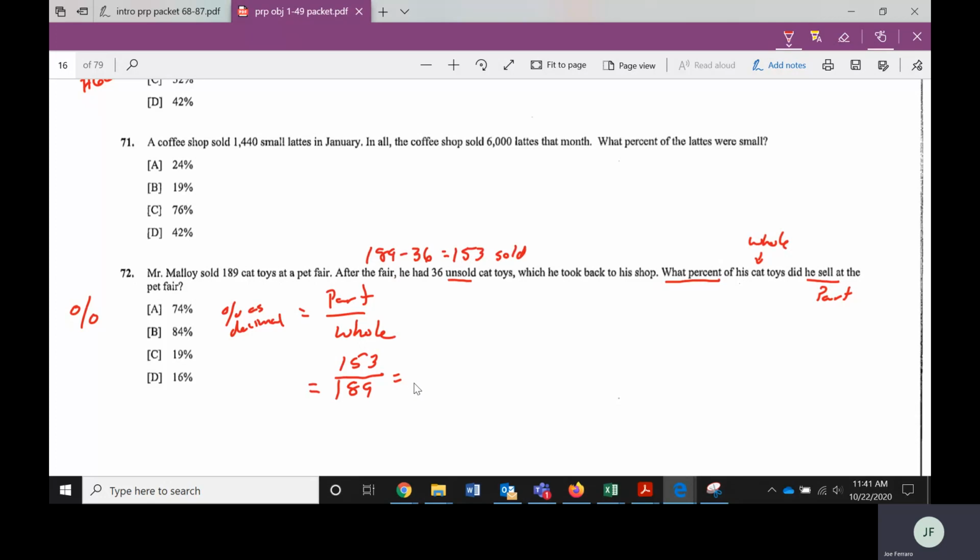I'm not going to edit this video and redo it and act like I didn't make a mistake. I made a mistake. I read the problem wrong. This part is correct. What we did here, it says what percent of the cat toys did he sell and not sell. So there could be a problem like this where we have to figure out stuff like that, but that's not what we're asking, and I'll show you the mistake I made.